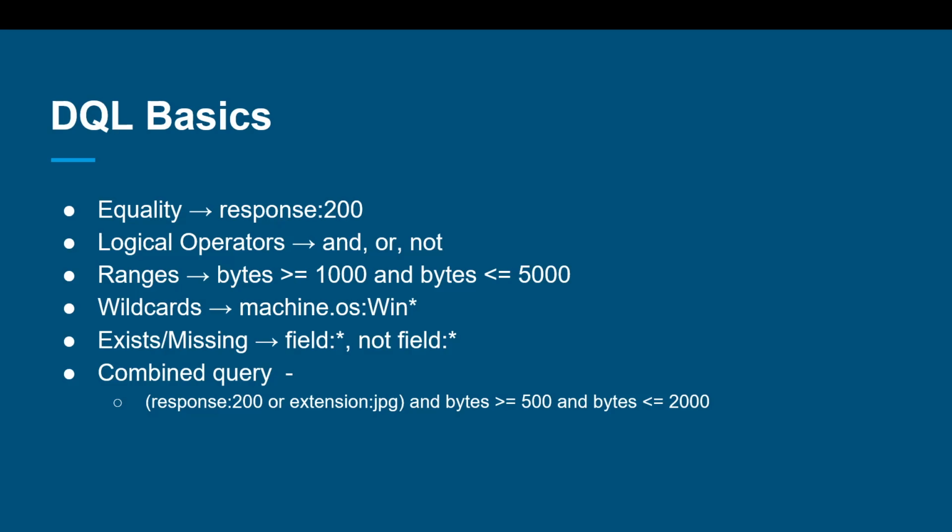We have the most common ways to search. The first one is equality. It is nothing else than searching the exact value of a specific field, like response is 200, so it will return the records wherein the response code is exactly 200.